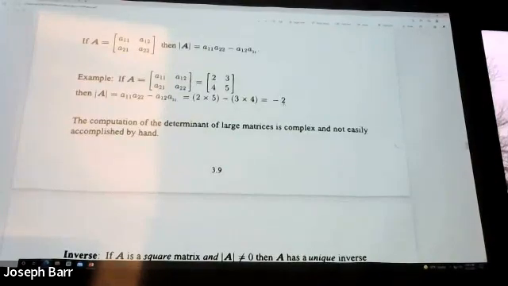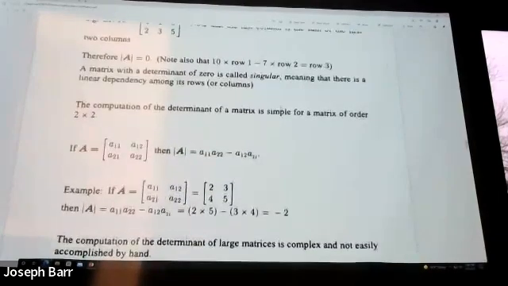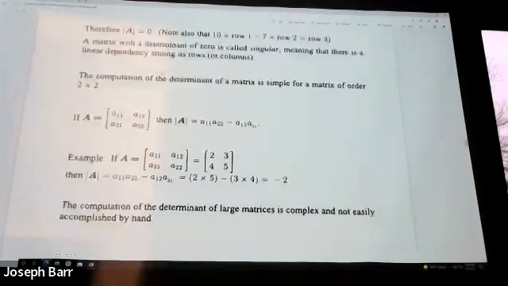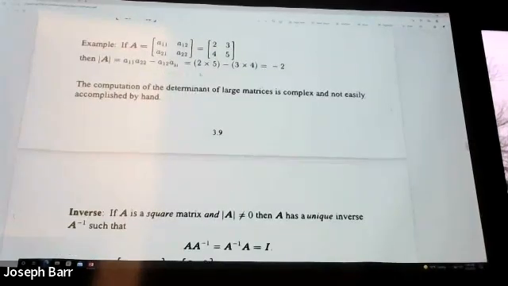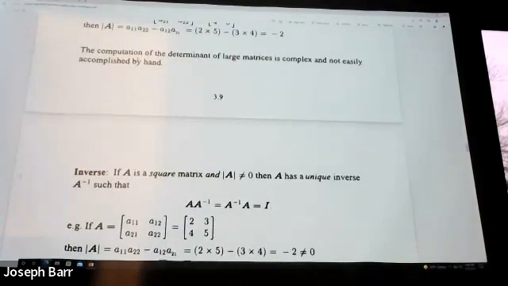Determinant could be negative, that's totally fine. But if it's 0, we call it singular. 0 is not quite good. If it's singular, you don't have any inverse. Now, inverse only happens when the determinant of A is not 0.